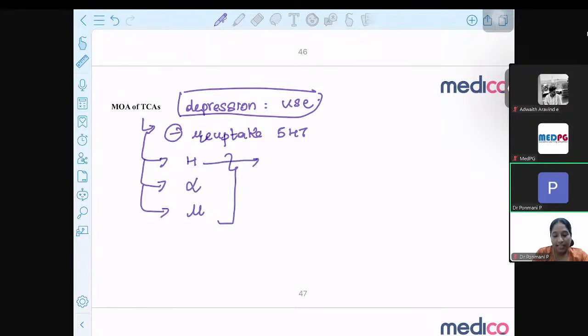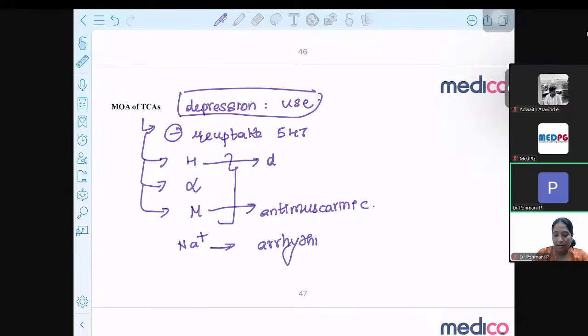Since it blocks the histaminic receptors, drowsiness can occur. Since it acts on the muscarinic receptors, anti-muscarinic signs can occur. Okay. In addition, it blocks the sodium channels also, and hence arrhythmias can also kick in. So these are the mechanisms by which a TCA acts.